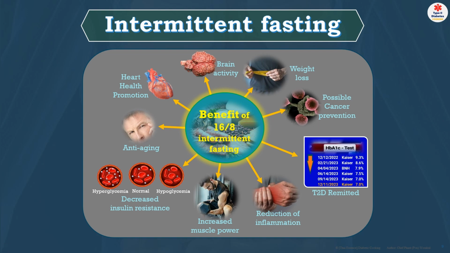Because intermittent fasting helps your brain activity, you have more activity, you lose weight because you exercise and you fasted, and then it reduces cancer risk. Because of all the food they eat, and the time they have to process, they have a longer time to process. I think it's possible cancer prevention, heart health promotion, anti-aging, decreasing insulin resistance.